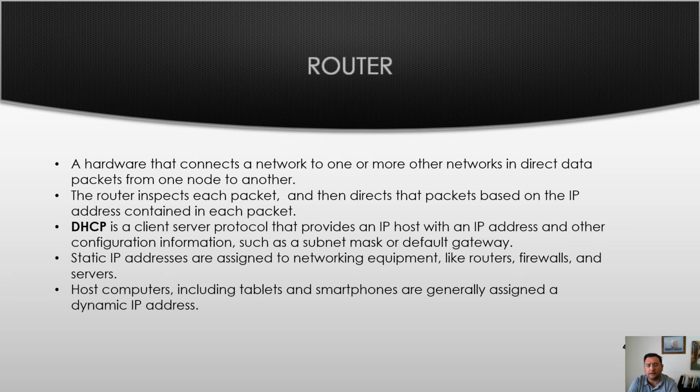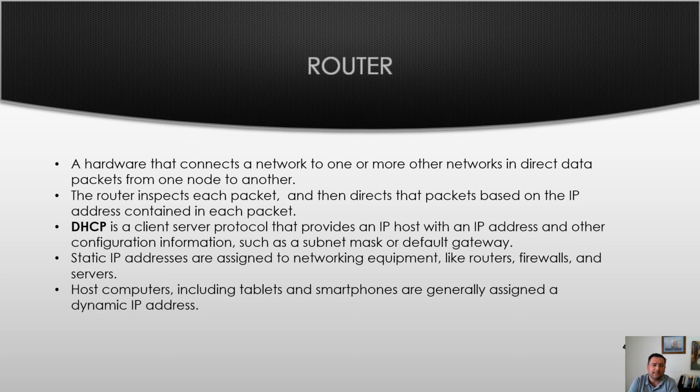A router is a hardware device that connects a network to one or more other networks and directs data packets from one node to another node. The router inspects each packet and then directs that packet based on the IP address contained in each packet.